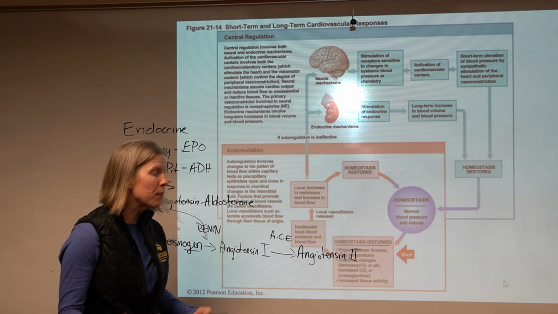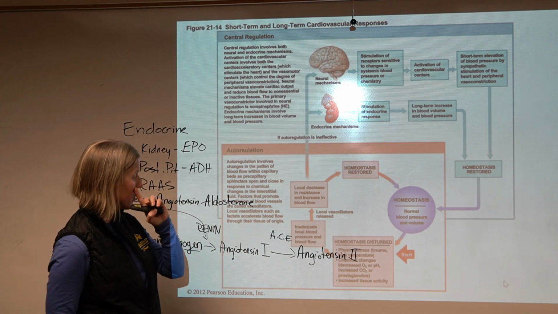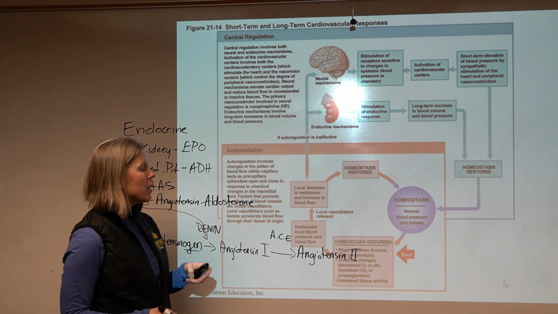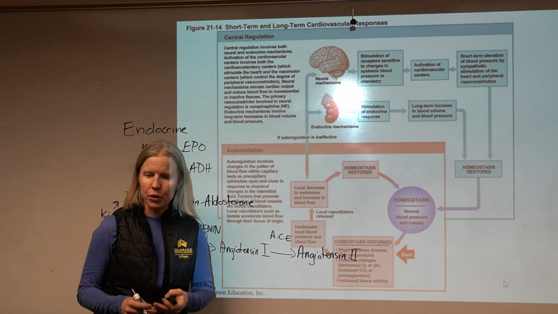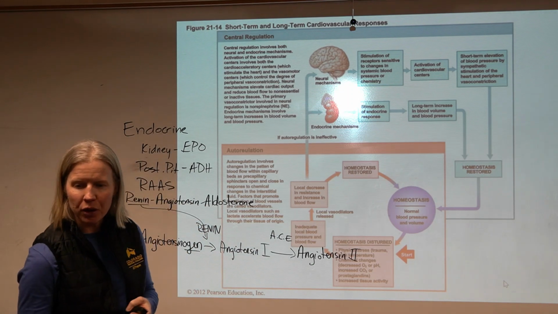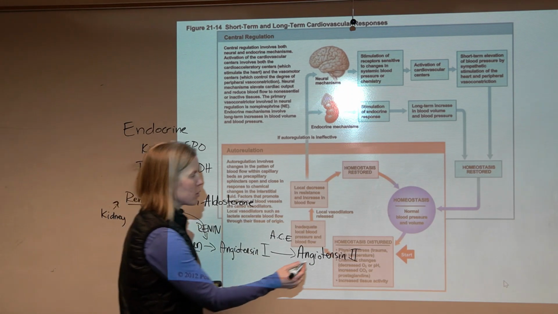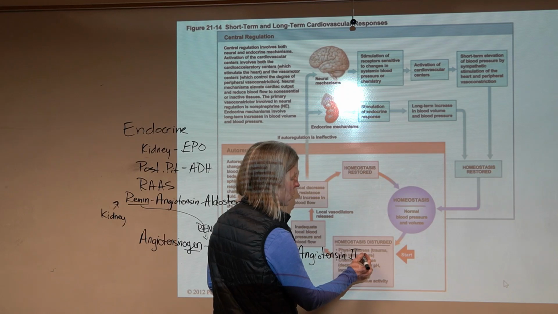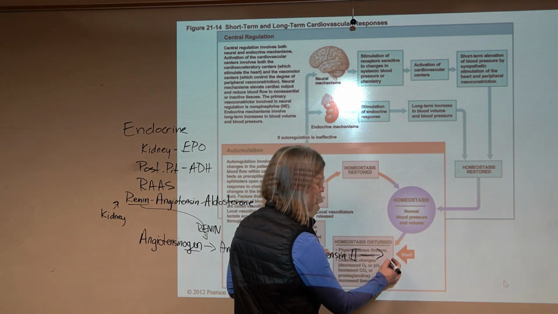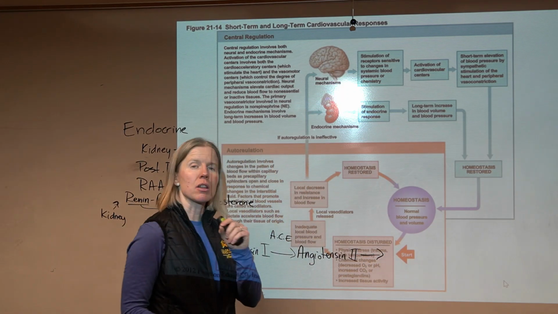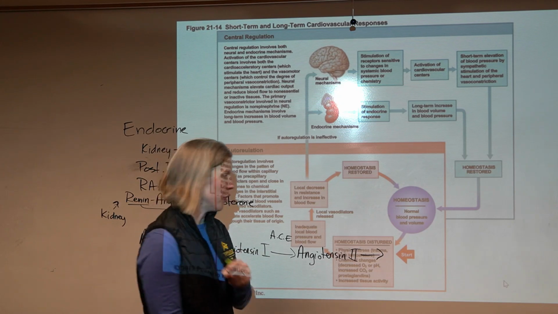Primarily in the lung, this conversion is taking place. Now, angiotensin 2 actually is going to do a few different things. Angiotensin 2 causes an increased release of aldosterone.